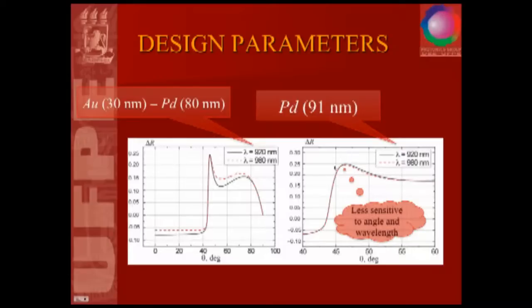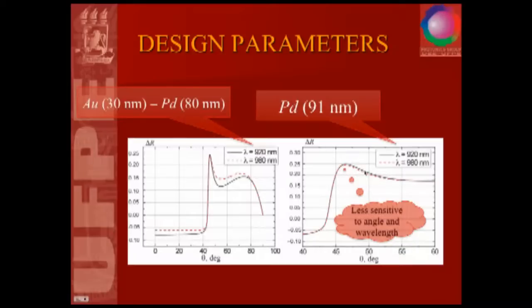And also, if you go from here to 45, approximately 50 degrees, we have a reasonably large change in maximum sensitivity. If you look at the same situation for the single palladium layer, you don't have that much change. So the single palladium layer provides a slightly larger sensitivity, is less sensitive to wavelength change, and also is not too sensitive to the setting of wavelengths.